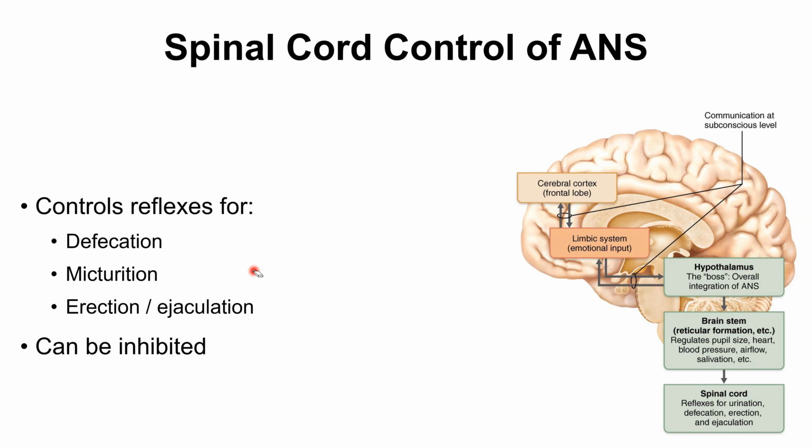However, one critical thing here is that these spinal autonomic reflexes can be inhibited. They can be overtaken if we need to. So for example, even if you have to pee, you can inhibit this if you're not in a position to perform that particular function.